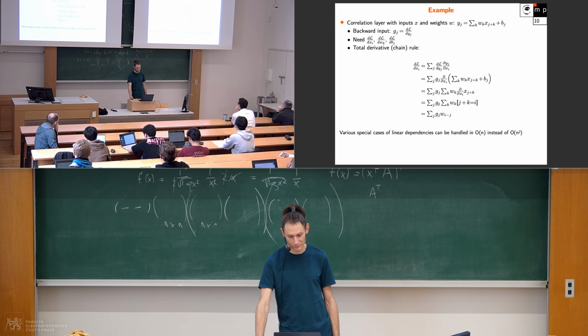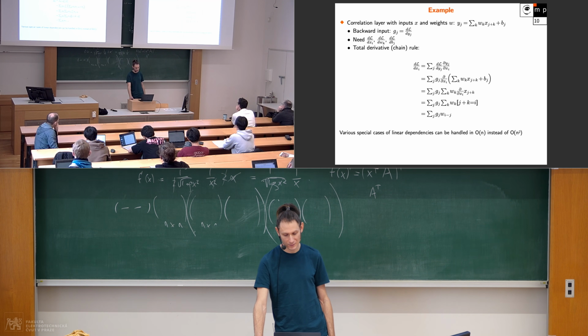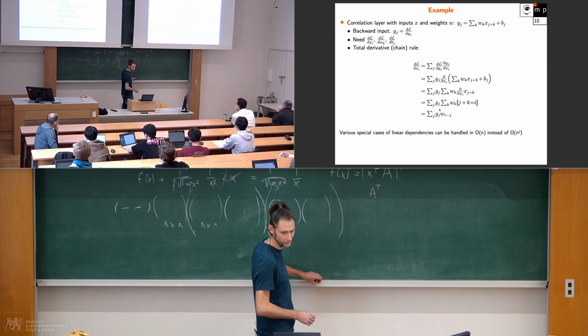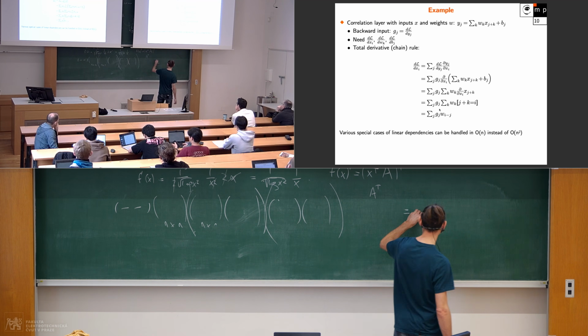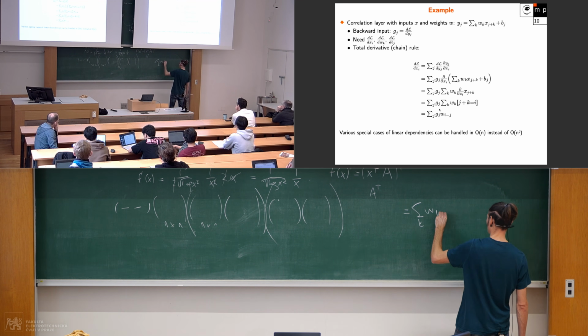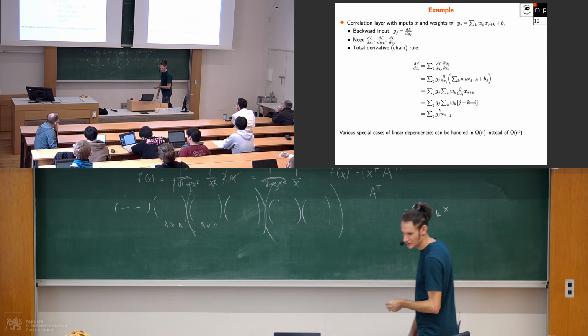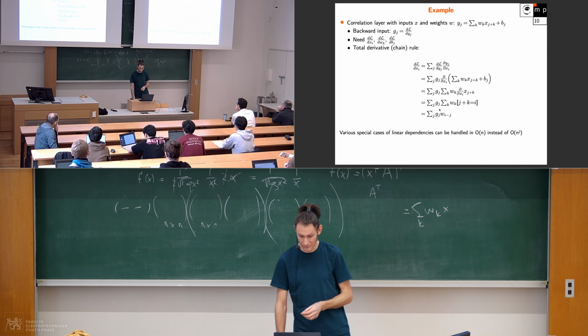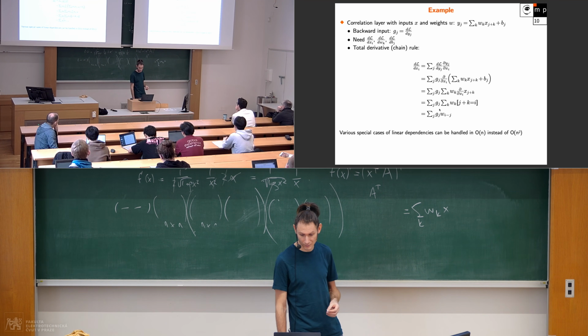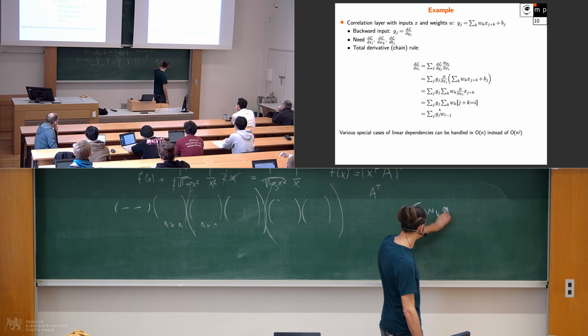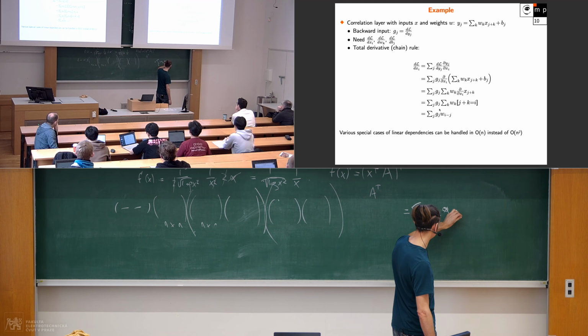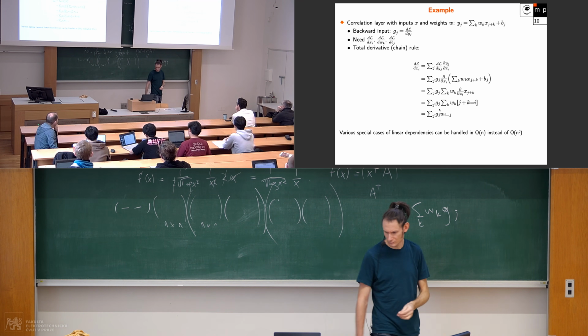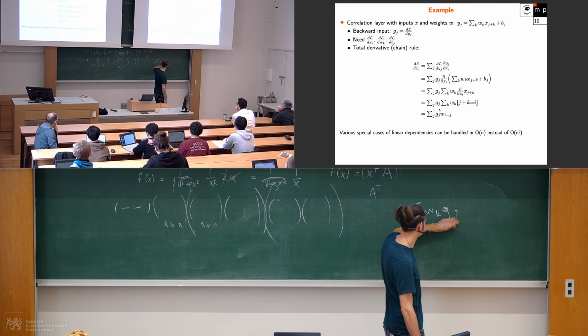Or we could rewrite it in the other form by saying that j must be equal to i minus k. So let me write it down. Equivalently, it is the sum over k of w_k times g with index i minus k.